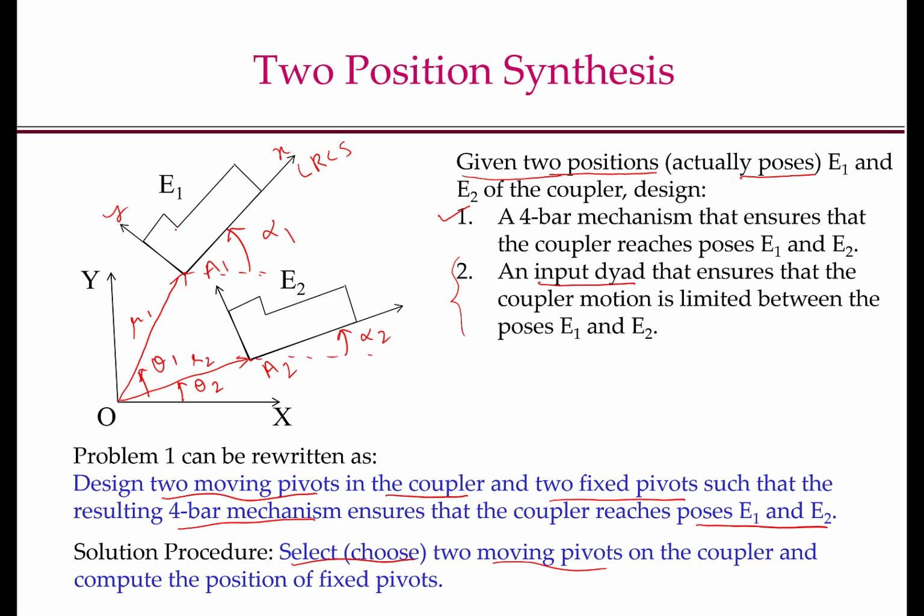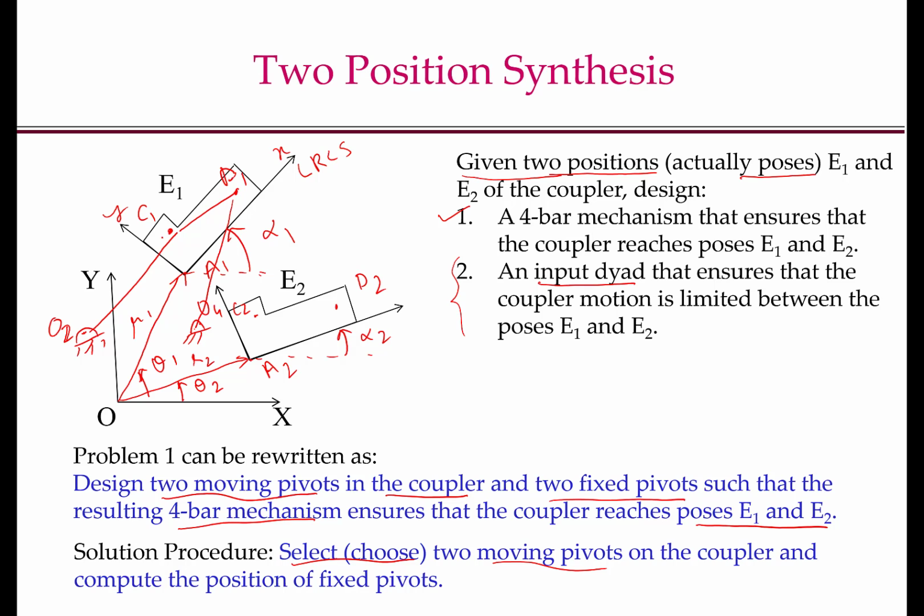So our goal is to choose 2 pivots, say C1 and D1, and they will be C2 and D2 at the second pose, and to construct O2 and O4, which are the fixed pivots, so that my mechanism is O2, C1, D1, O4.